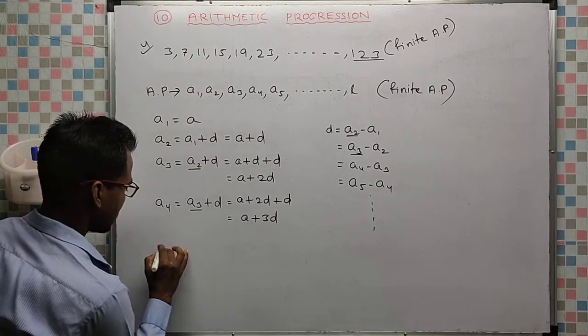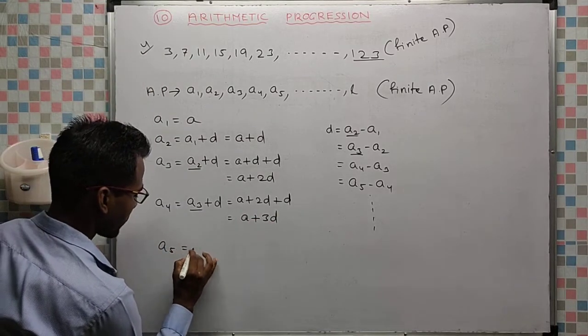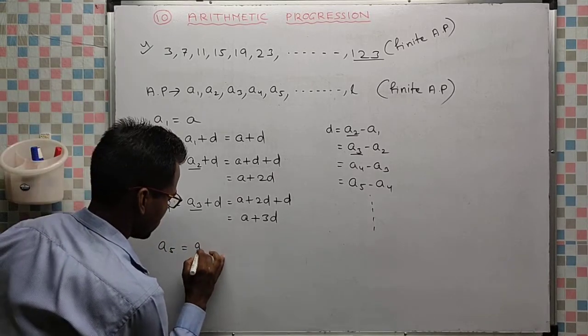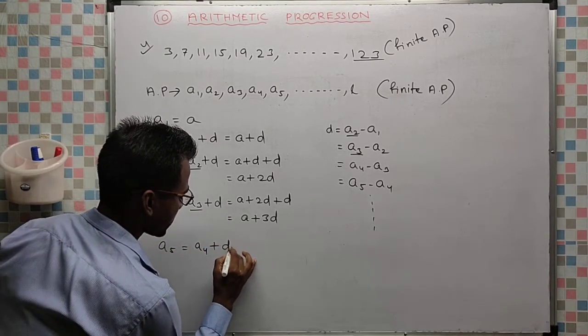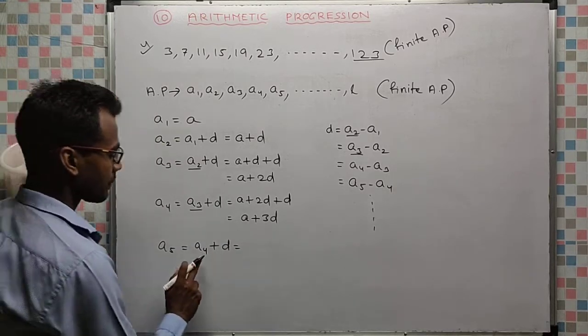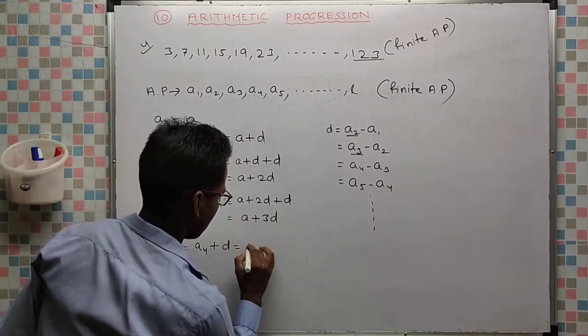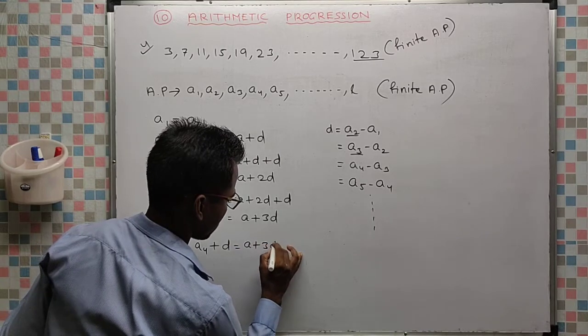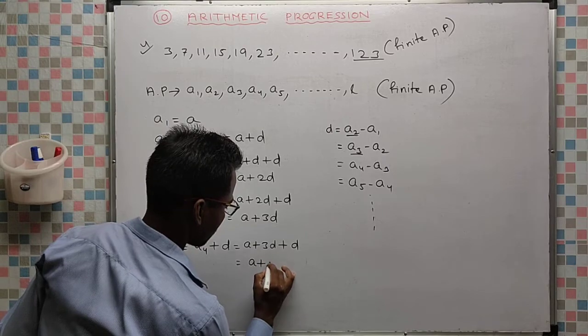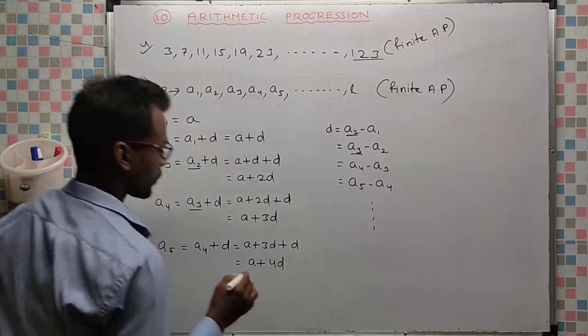Similarly, how to get A5? From A4. A4 plus d gives you A5. What is A4? a plus 3d. Then plus d, which is a plus 4d.